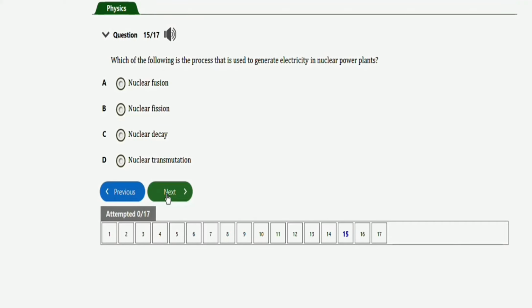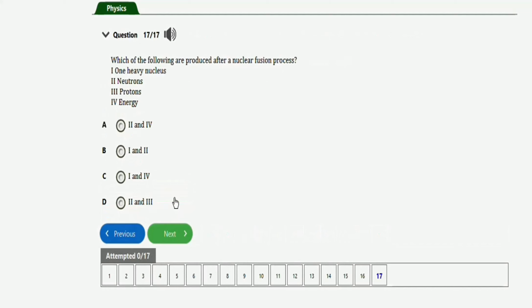Next question will be this one. It says what type of reaction is represented by the equation? So this is fusion reaction because of this energy here at the end of the equation. So the last question before I end this video will be this one. It says which of the following are produced after a nuclear fusion process? We have one heavy nucleus, neutrons, protons, energy.